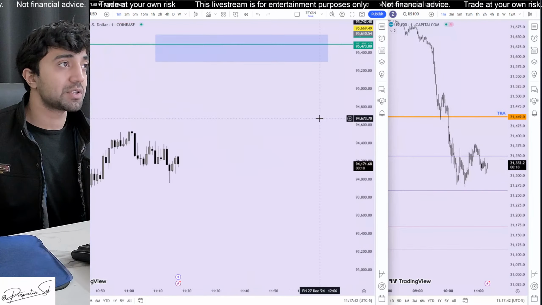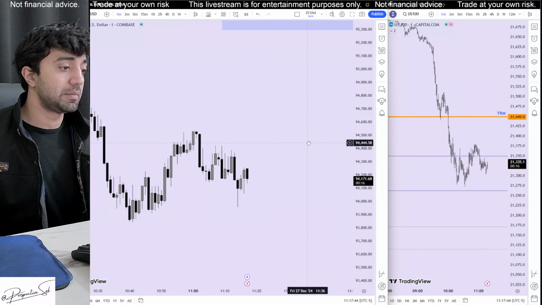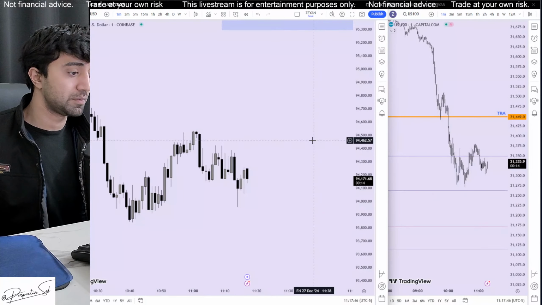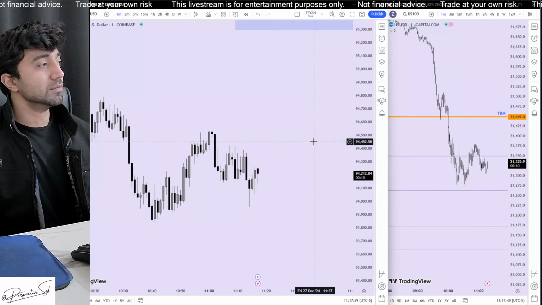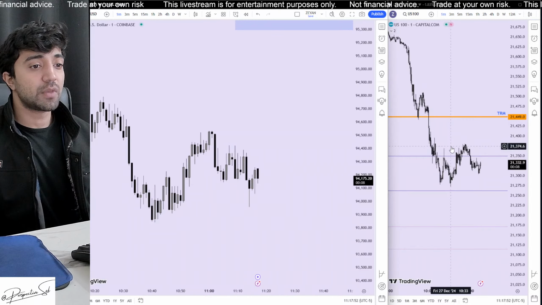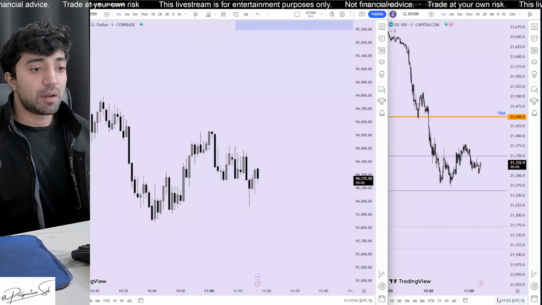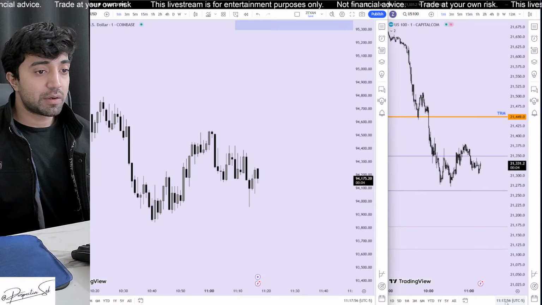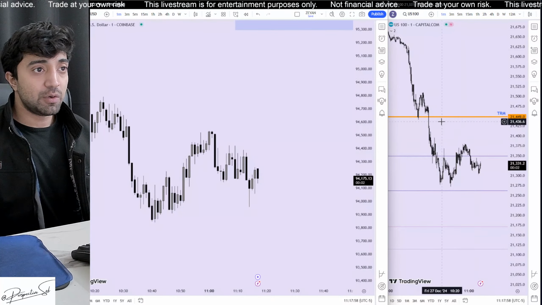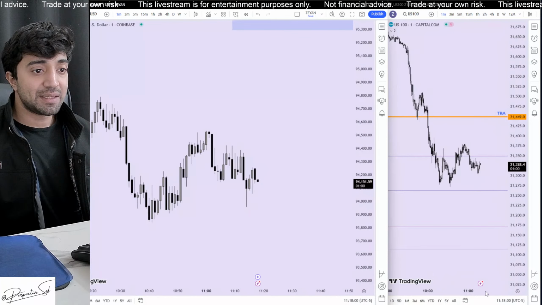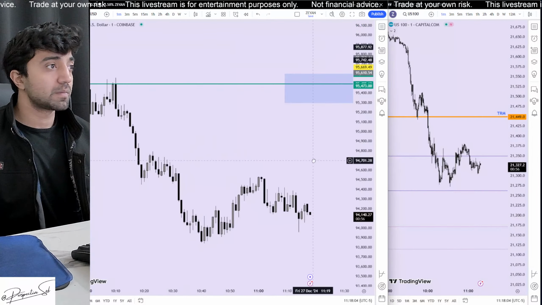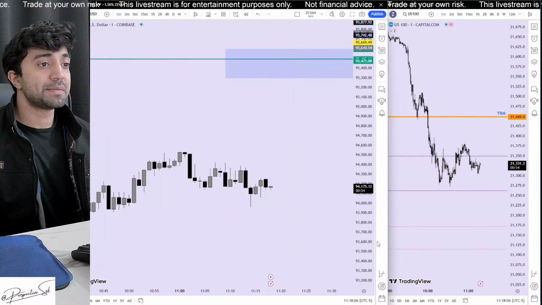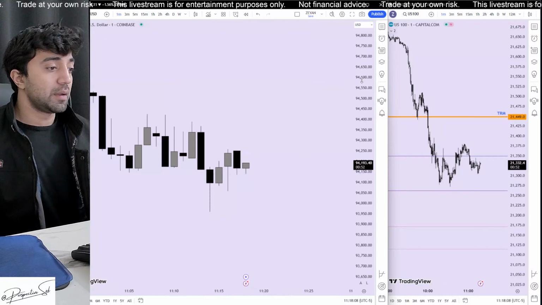Then we'll primarily focus on Bitcoin. Okay. I was expecting it to not give me a closing below this point till 11:30, but it's doing that, so it invalidated itself.